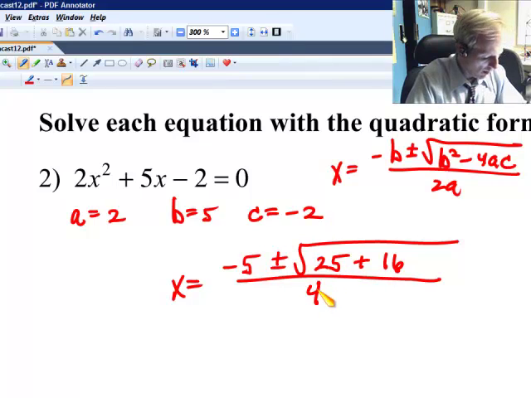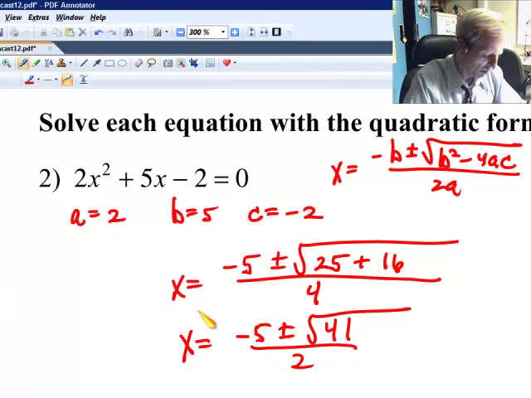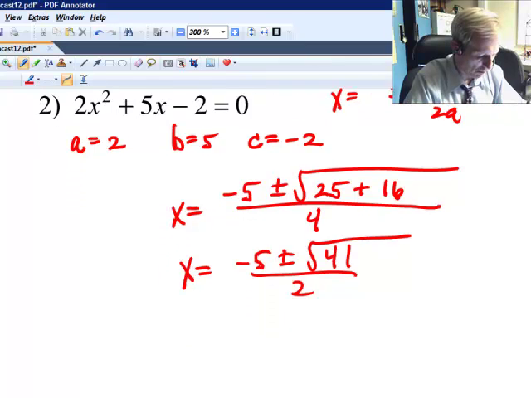And then I divide by 2 times 2, and that gives me my final result, which is that. And I can't simplify that any farther, and that is my solution.